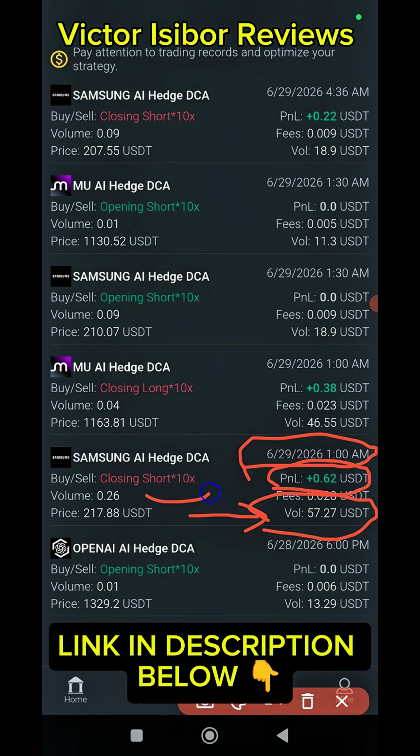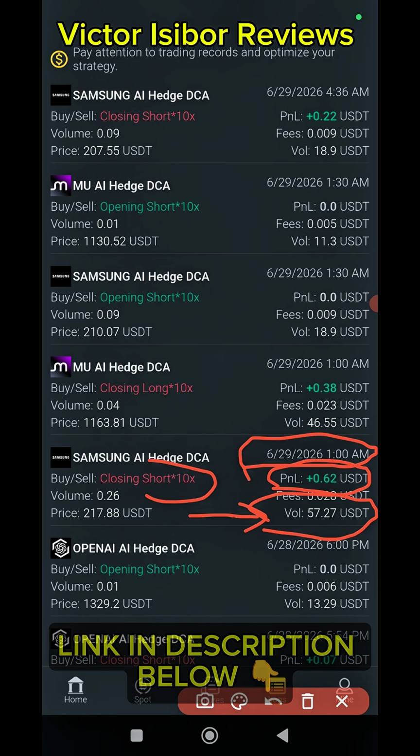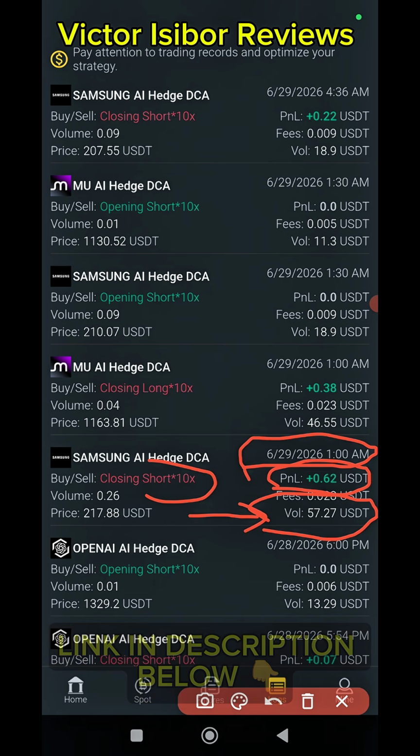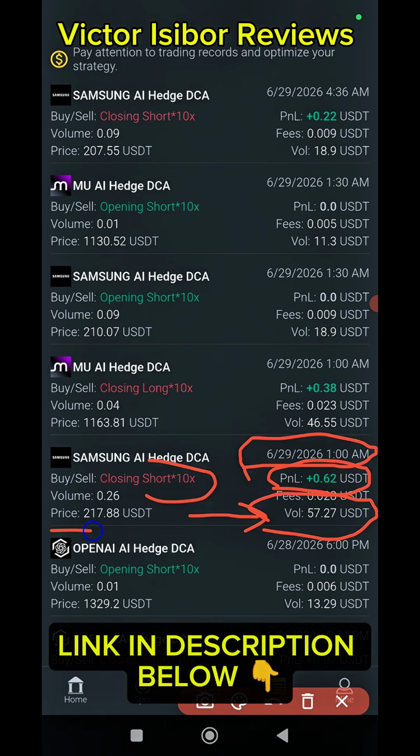You see here, it closed. Closing short. So I am actually shorting Samsung, predicting that the price would come down. And for this particular trade, I was correct. Samsung per share is $217.